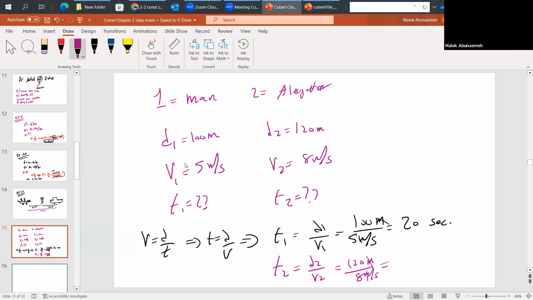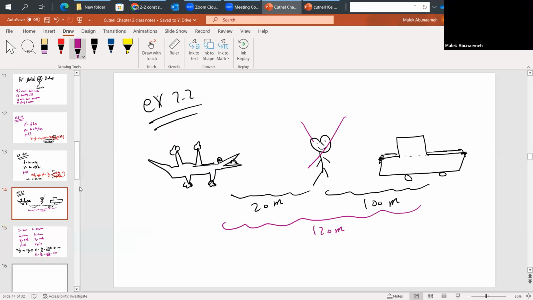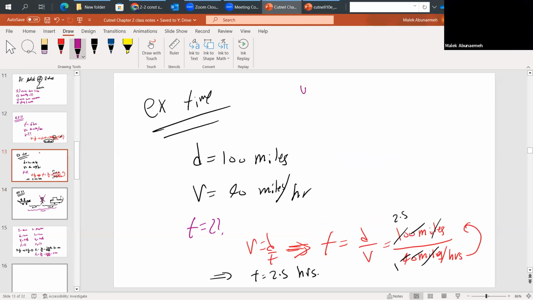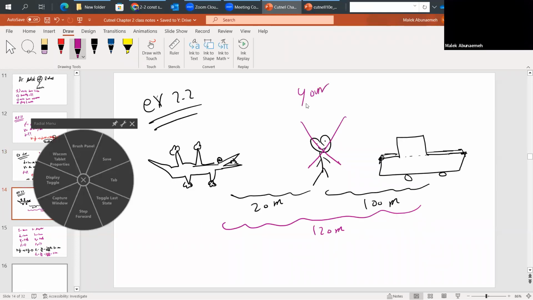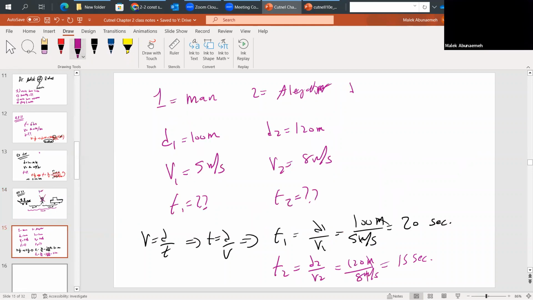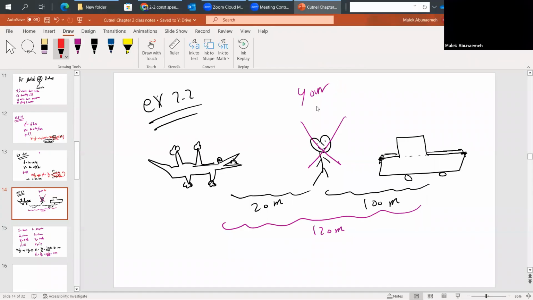Again, your meters cancel out, so what you're going to have is 15 seconds. Which means that you're dead.